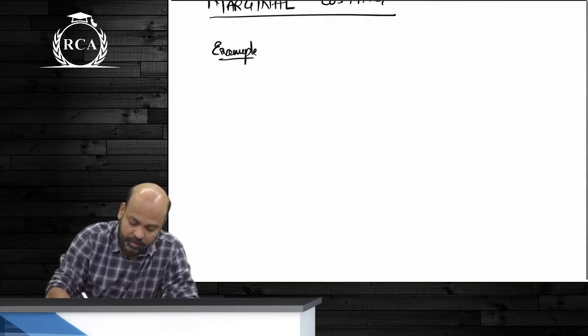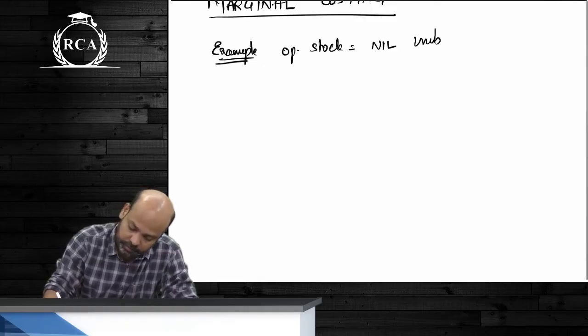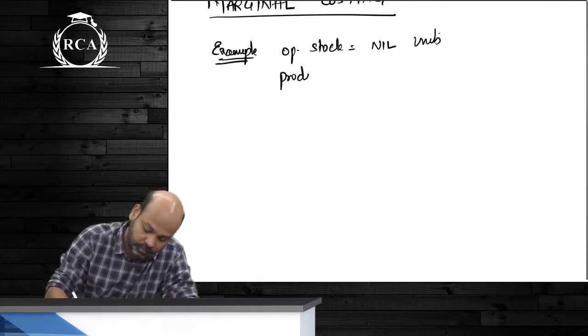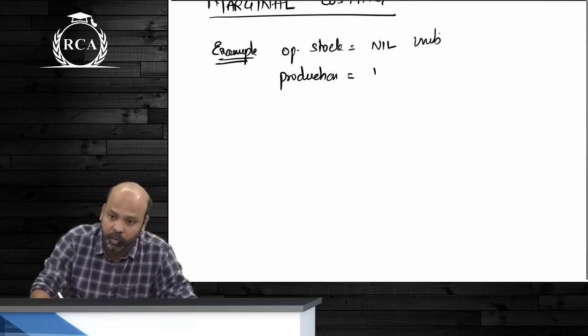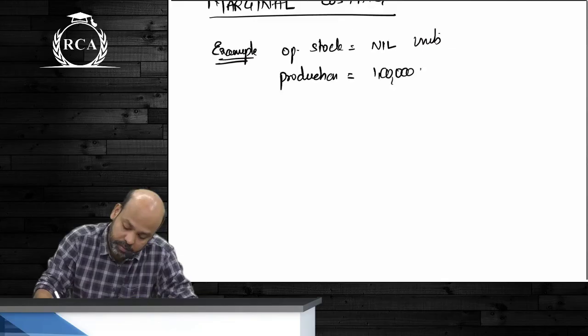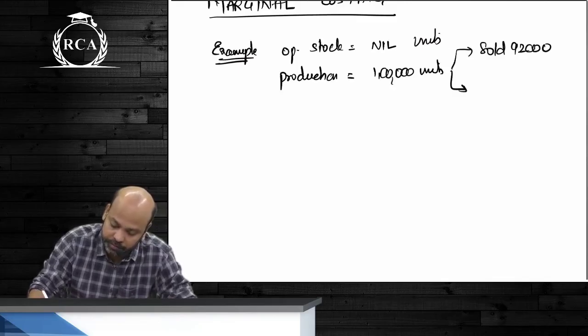Write an example, and write along with me. Opening stock 0 units. Production is say 1 lakh units, out of which sold 92,000 units, closing stock 8,000 units.